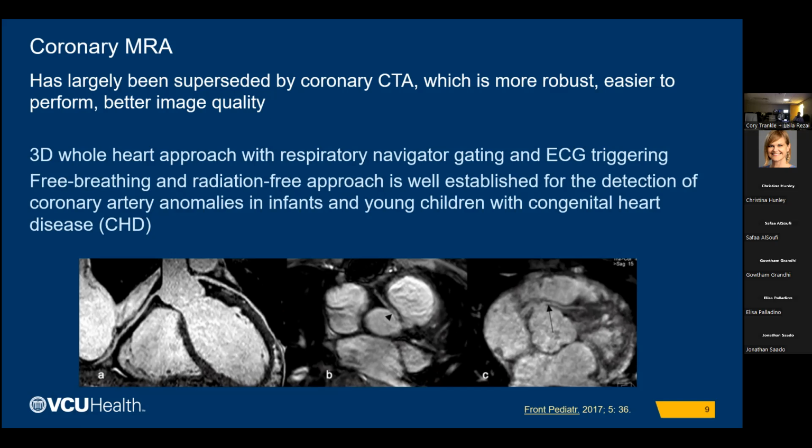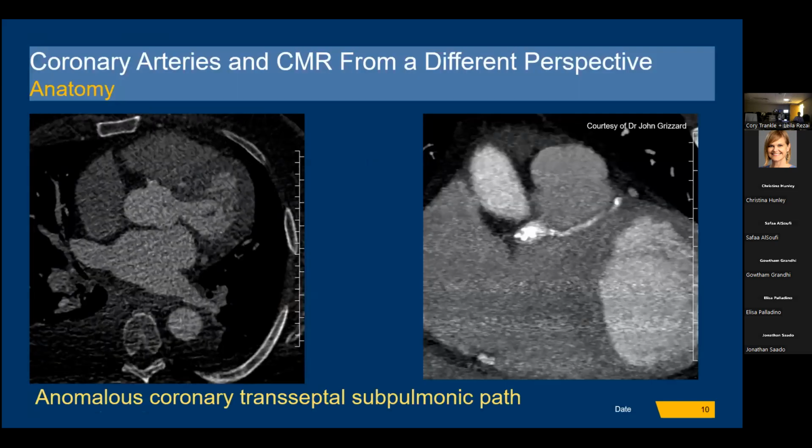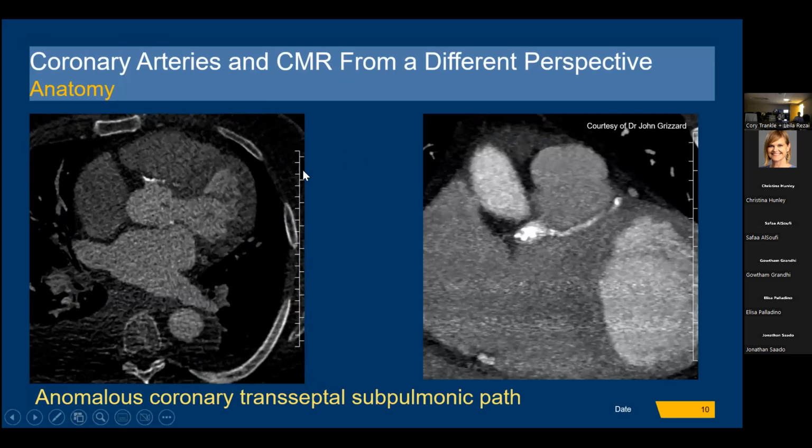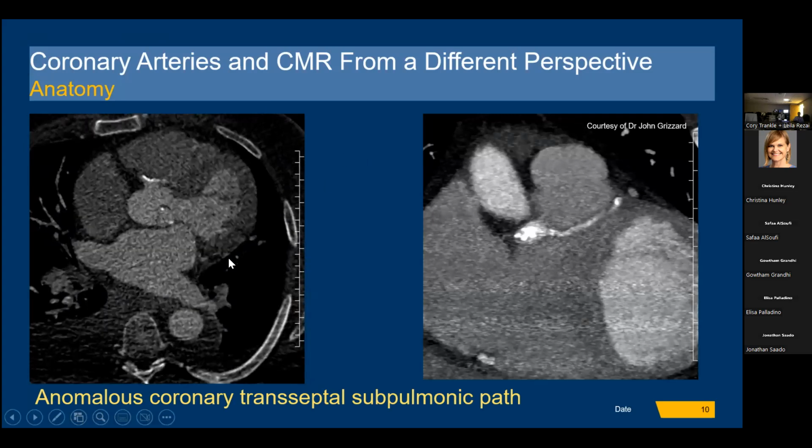It's free breathing, radiation-free, and it's one of the perfect sequences for young children and infants in cases of congenital heart diseases. Otherwise, MR and MRA are really largely superseded by coronary CTA because it's faster and cheaper and gives a better view of the coronaries.